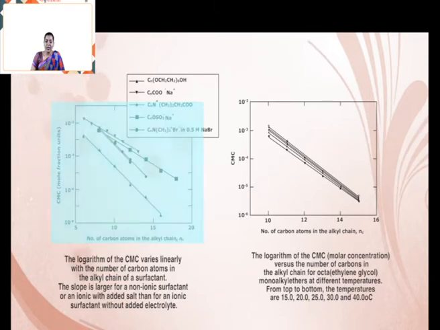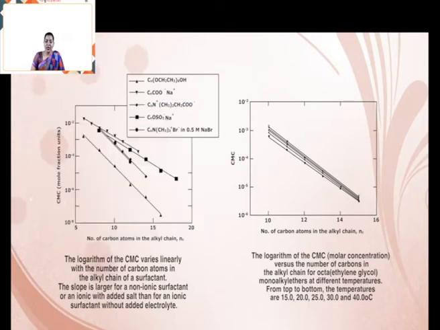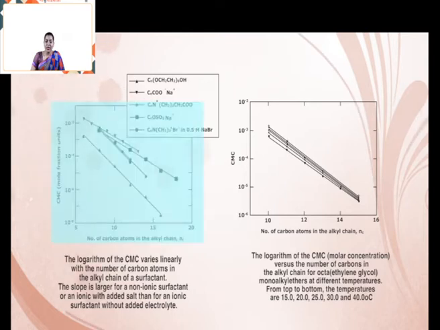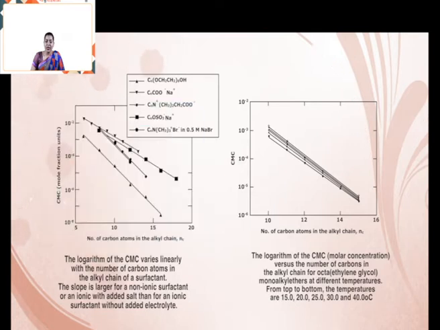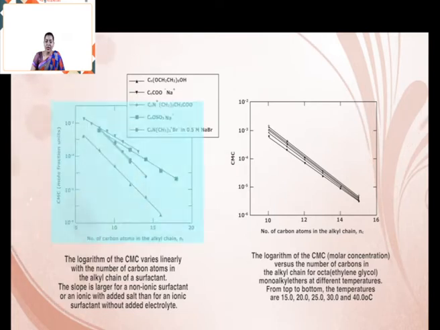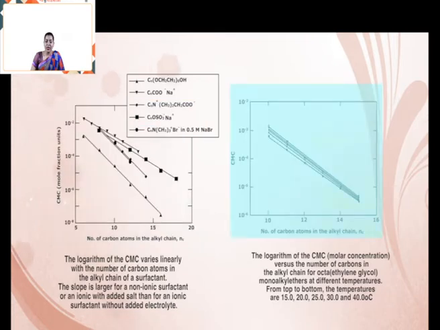As you can see from this figure, the logarithm of CMC values varies linearly with the number of carbon atoms in the alkyl chain of a surfactant. As you increase the number of carbon atoms in the alkyl chain, there will be more drop in the CMC values.